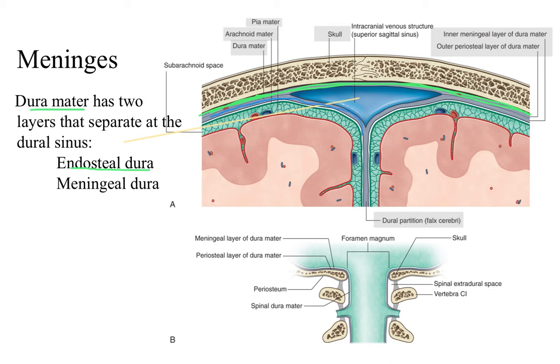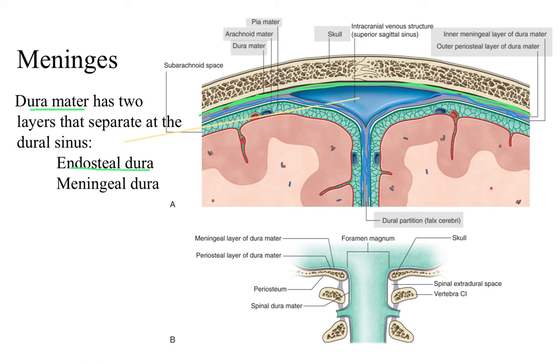And you notice that the meningeal dura goes between the endosteal dura and the other meningeal layers, and it dives down and goes between parts of the brain where you have separations. So for example, between the cerebral hemispheres.